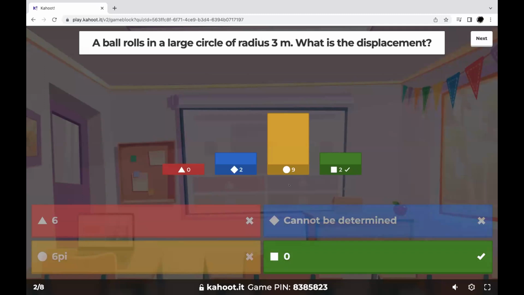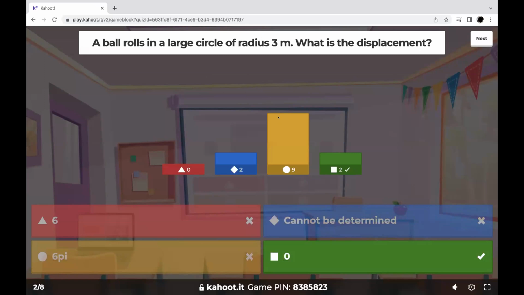You do not make half a circle or just one portion of a circle. It's just one big circle of rotation. And once again, displacement is distance from the starting point. If you go in a circle, you end up back where you started, because that's how circles work. And so the displacement is just going to be 0 here.